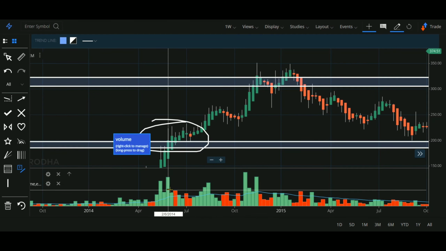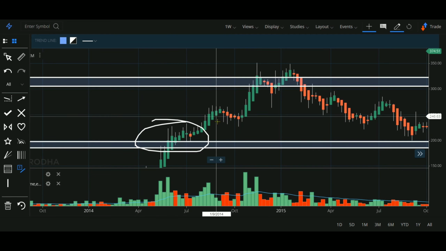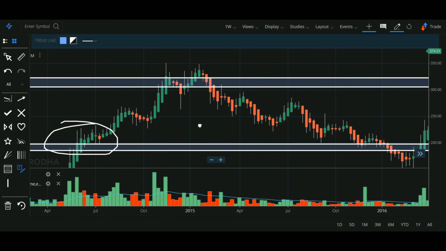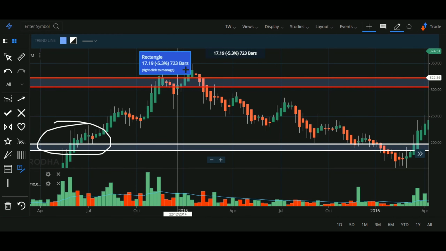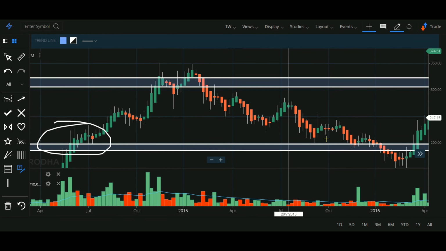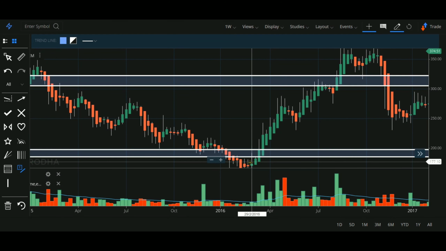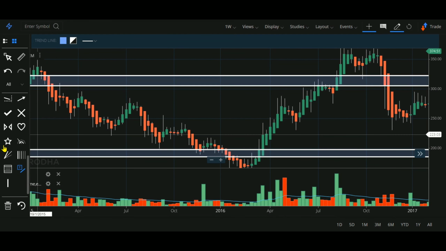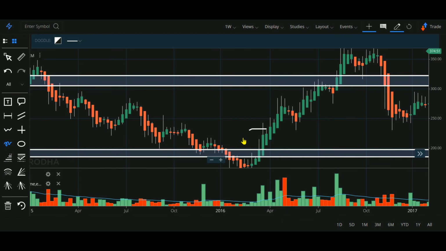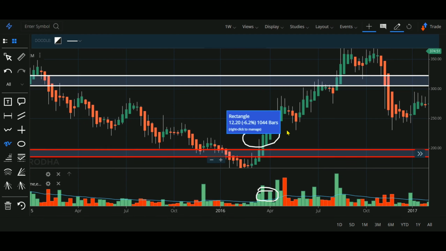Because looking at these volumes, you know that the volume of buyers is pretty good over this area, right? So you take it up, and then there is price rejection over here, and the price has gone down till here. Then again the price has given a breakout here. Again you can see there is good volume.